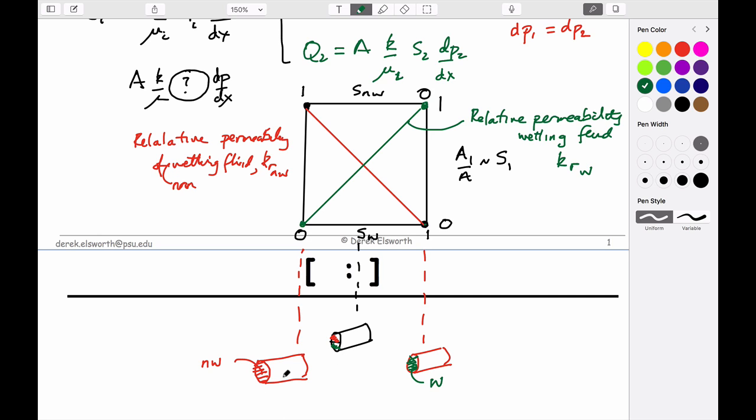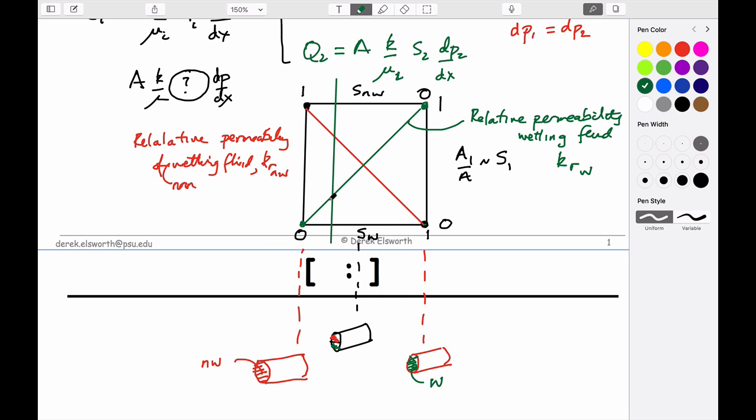And so clearly a core can only be in one state at one time. Either it's 100% saturated with the DNAPL, or 100% saturated with water, or some mixture in between, but it can only ever be on one of these vertical lines that goes through here.